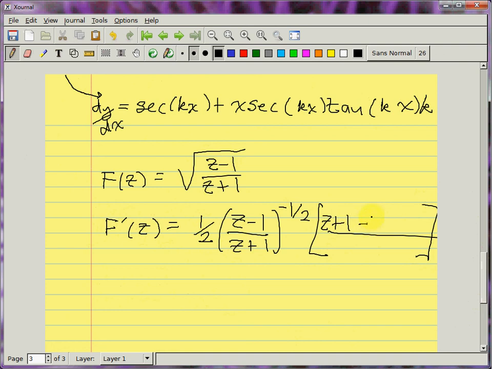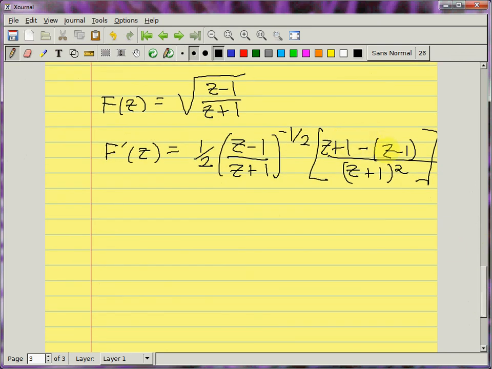Now minus, leave the top thing alone, and multiply it by the derivative of the bottom, which is 1. And now you've got (z plus 1) squared down here. And you can see that this stuff simplifies. The z's are going to cancel, and these 1's are going to become 2.